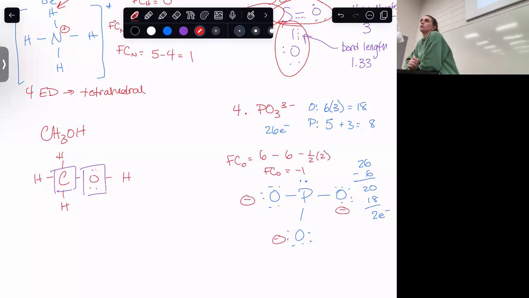So what's our total formal charge for PO3, 3 minus? It's -3, right? Because we found the formal charge for phosphorus. This is 5 minus 2 minus 1/2 times 3, which is 0.